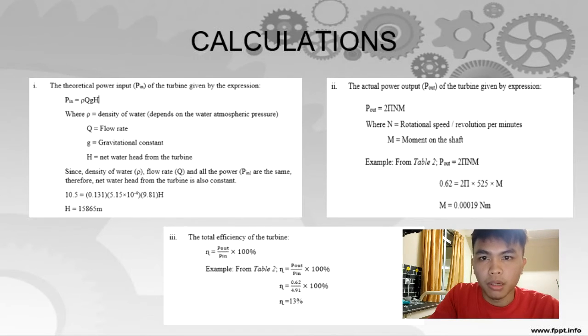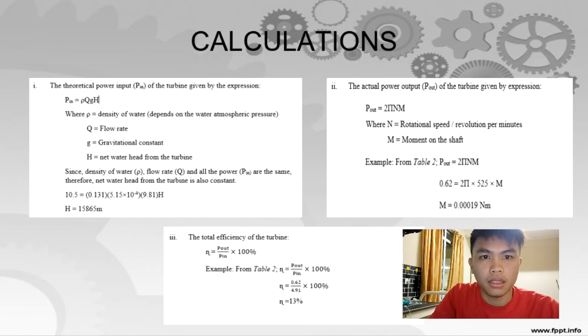This is the example of the calculation for this experiment. The first thing we calculate is the theoretical power input of the turbine, for which we use this formula: power input is equal to density times flow rate times gravitational constant and water head.